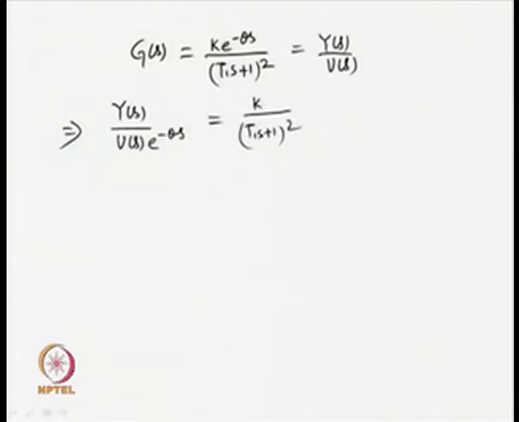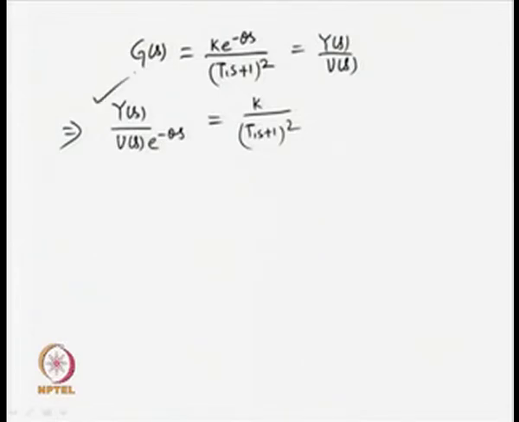Okay, because our input to the plant is assumed to be a delayed input when the plant is subjected to relay test. Therefore, please allow me to write Y(s) upon U(s) e to the power minus theta s is K upon (T1 s plus 1) square. Now, this can be further simplified in the form of K upon T1 square times (s plus 1 upon T1) square.